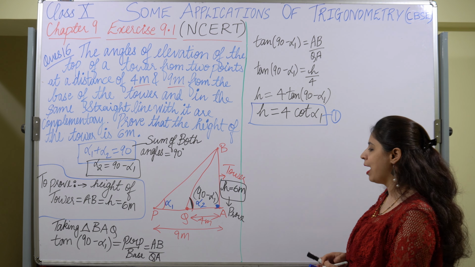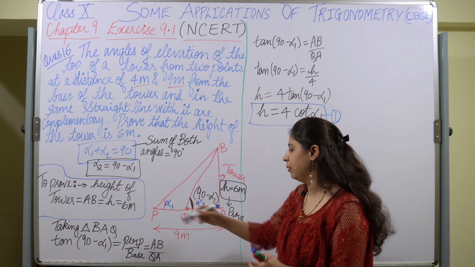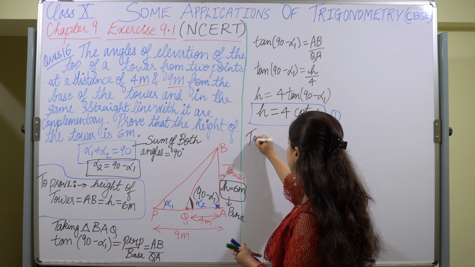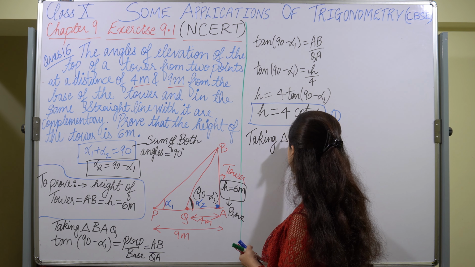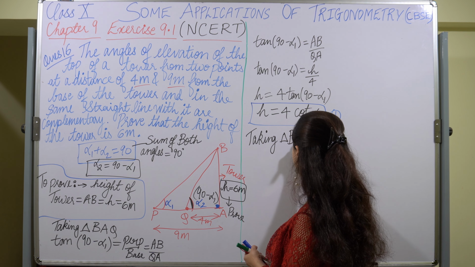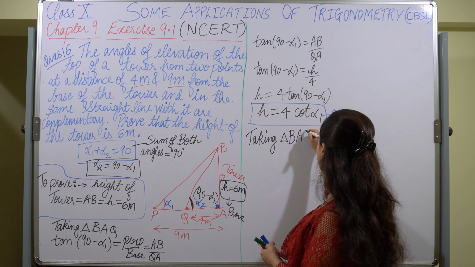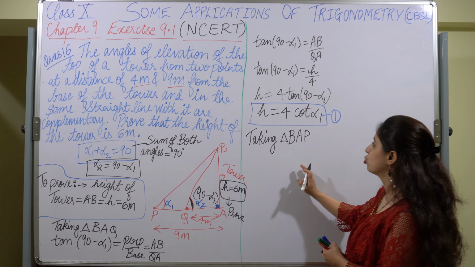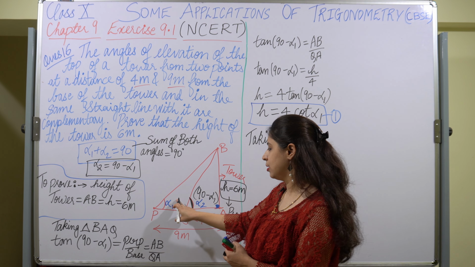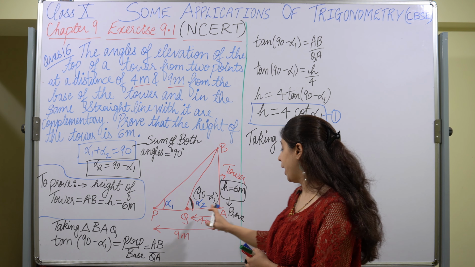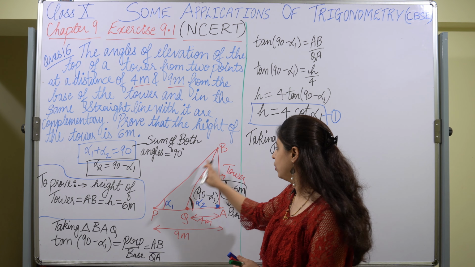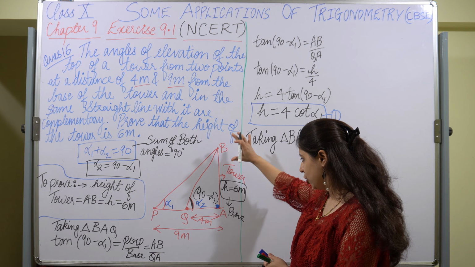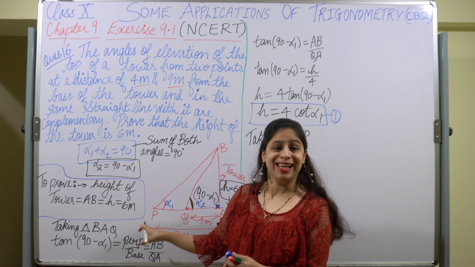Now taking another triangle, the triangle BAP. Again we take this as the angle of elevation and this 90 degrees. For this triangle also, the hypotenuse will be BP, the perpendicular will be AB and the base will be AP.